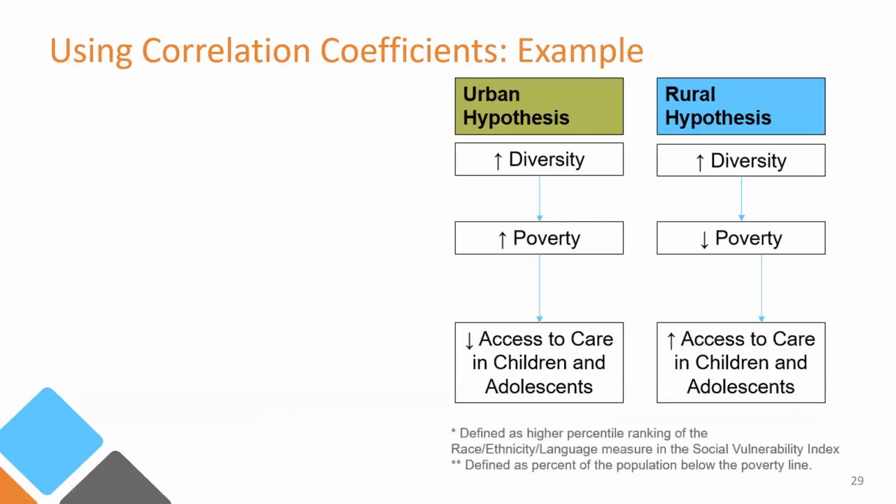So in this example, we're going to come up with a potential hypothesis and then take a look at whether we think it's likely or not. Let's say you are a public health worker in a rural county in Colorado. You're interested in access to care for children.